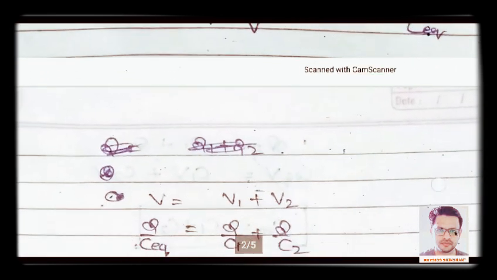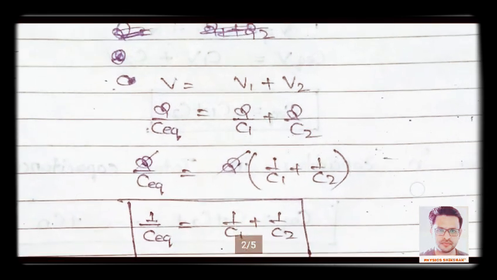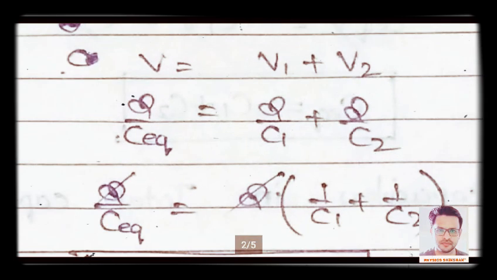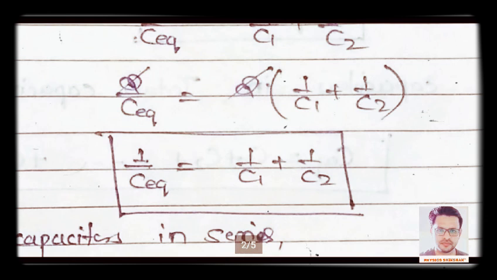Now I will put these values in this equation, because we know the potential difference across the setup equals the sum of the individual potential differences across the capacitors. If I put in the values obtained earlier, the charge Q is common, so it will cancel out, and the equivalent capacitance we get through this formula: 1 upon C equivalent equals 1 upon C1 plus 1 upon C2.